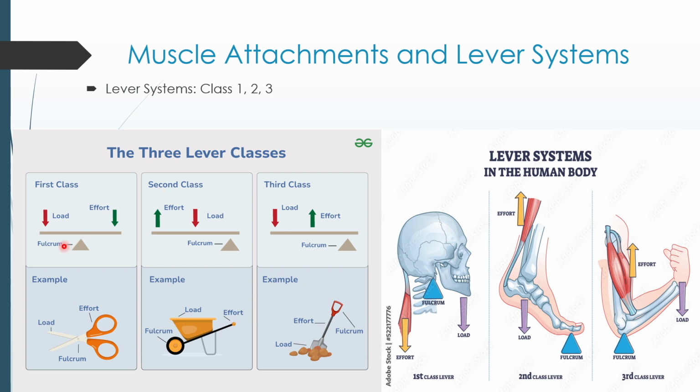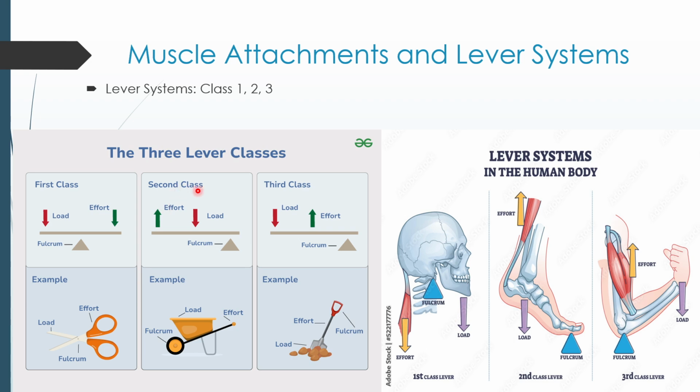You can easily combine these two images. Here also we have a first class lever applied: effort, fulcrum, load. At one side we have the load, at the opposite side the effort, and at the middle part the fulcrum.